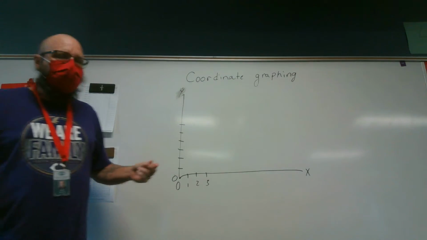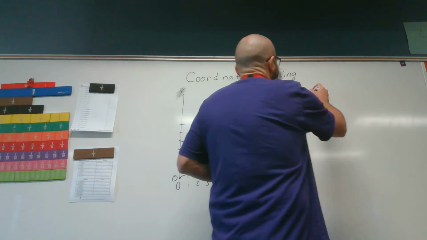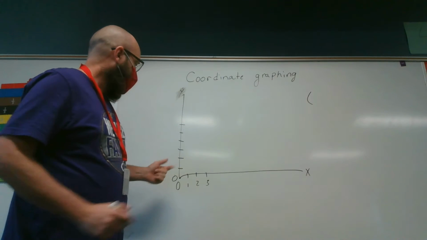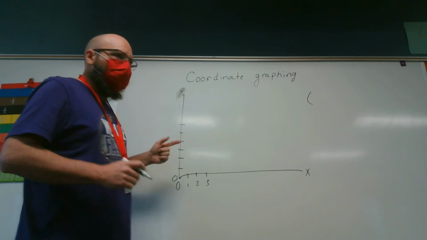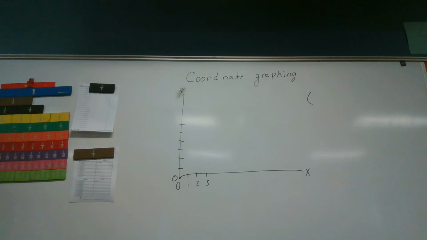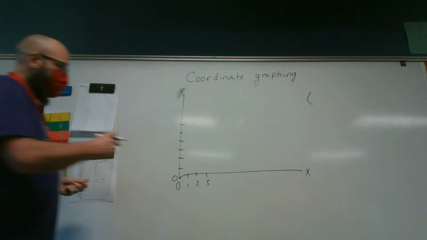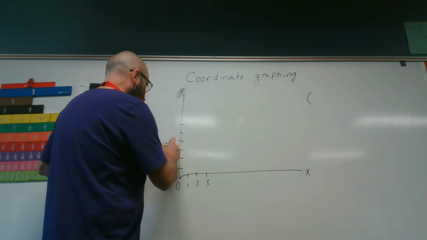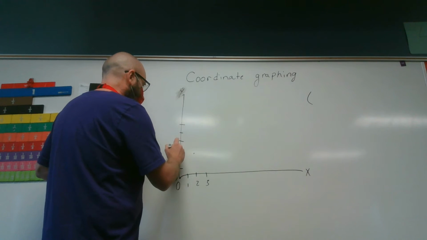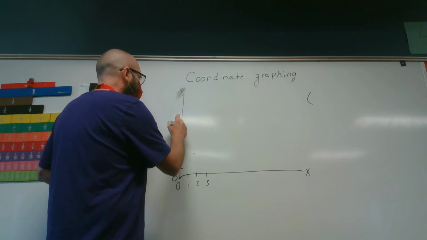And when you're putting a coordinate graph together, I couldn't just say, go to 2, 3. We'd have to have an order that we do it in. Otherwise, Elizabeth might say 2, 3 is right here. Now let's count here. 1, 2, 3, 4, 5, 6.